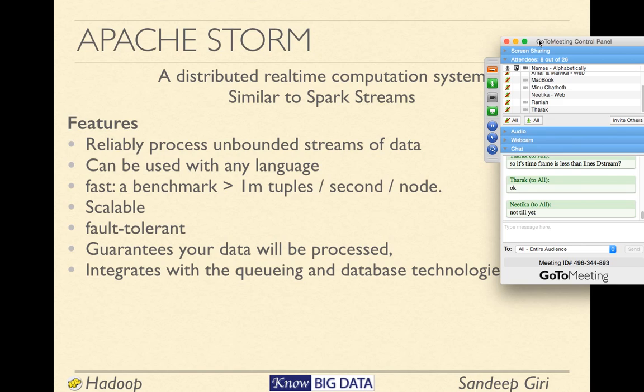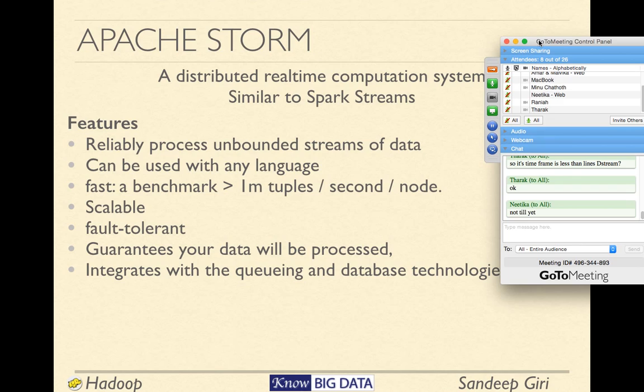Apache Storm is a far more stable solution, and it has been benchmarked at 1 million tuples, 1 million key values per second per node, which is really fast and a remarkable performance.